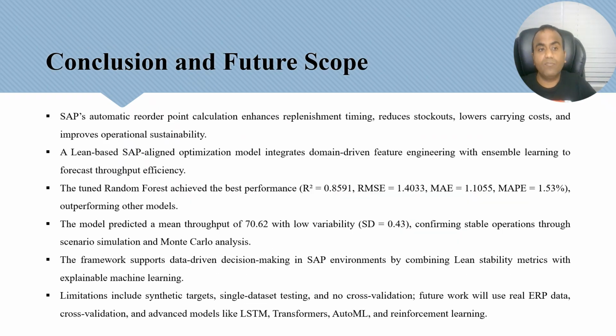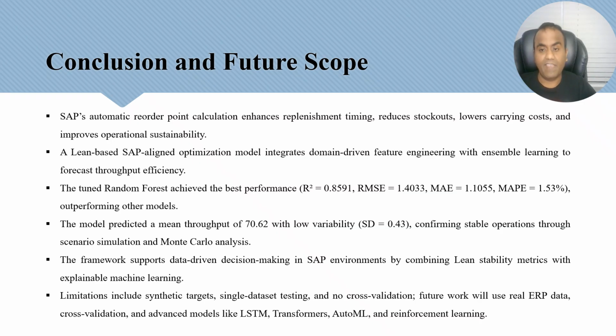The final conclusion is that SAP automatic reorder point calculations enhance replenishment timing, reduce stockouts, lower carrying cost, and improve operational sustainability. The lean-based SAP alignment optimization model integrates domain-driven feature engineering with machine learning to forecast throughput efficiency.